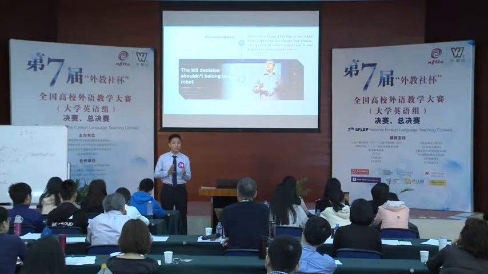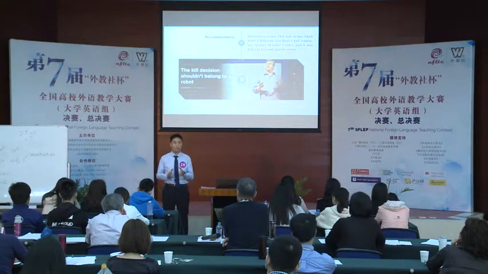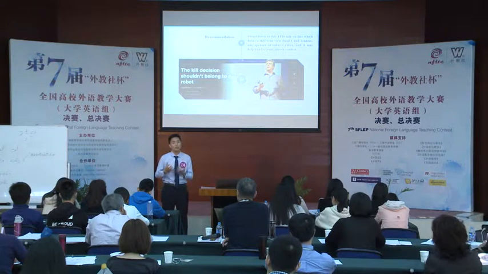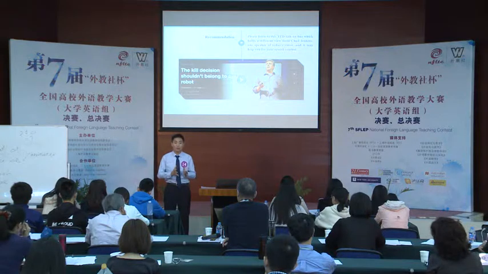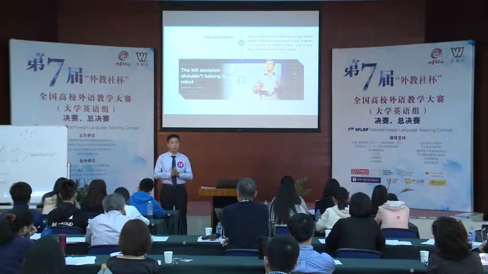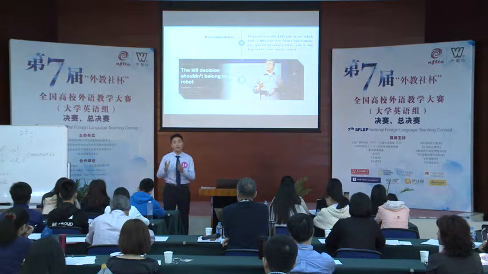And we want to find some similarities between the human and the robot. And we hope we can use the robot in a positive way. So I think the similarity of the robot means the similarity between the robot and the human.